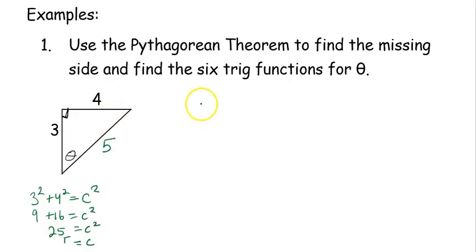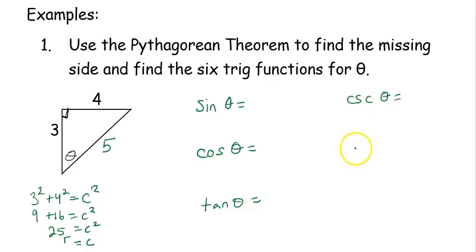Now we want the 6 trig functions, so I always like to write them down and set it up for myself. I would suggest taking the time to do that as well, because it makes things go faster once you figure out the fractions, because all you have to do is flip them for these other 3. If you think you can do this, why don't you pause and try it.